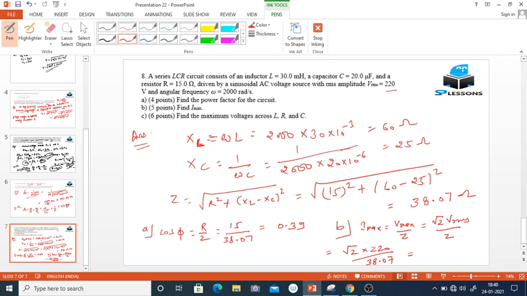So you can write I maximum equal to 8.17 ampere. Now the last question is to find the maximum voltage across VL, VC and VR.